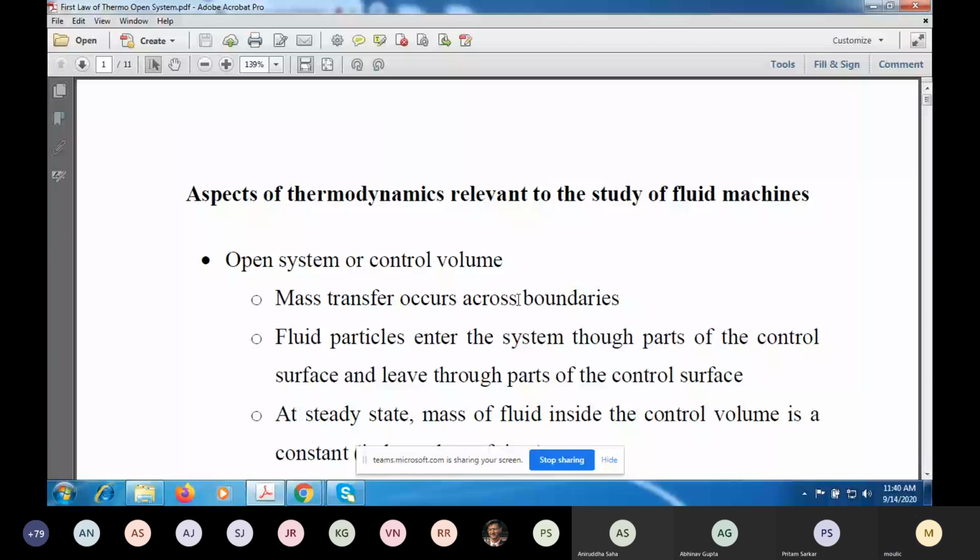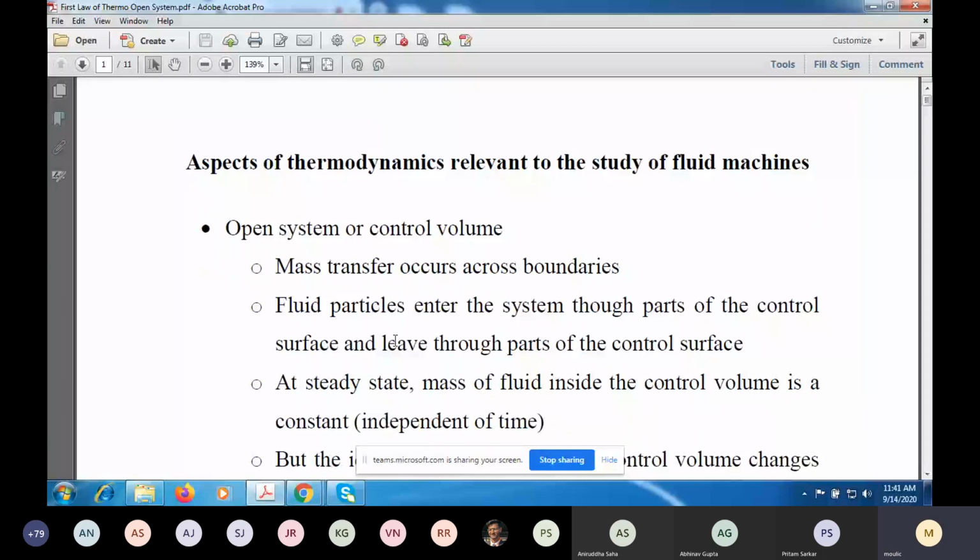Okay. So I have listed some of the characteristics of a control volume. Fluid particles will enter through some parts of the control surface and leave through some parts of the control surface. So by control surface, I mean the boundary of the control volume. And since fluid particles enter and leave, mass transfer will occur across the boundaries.